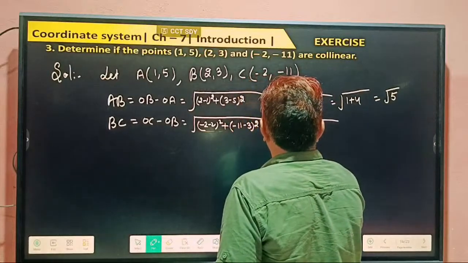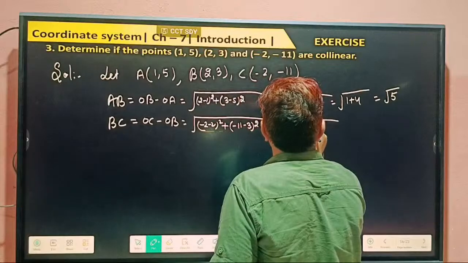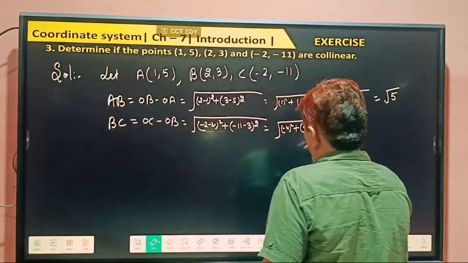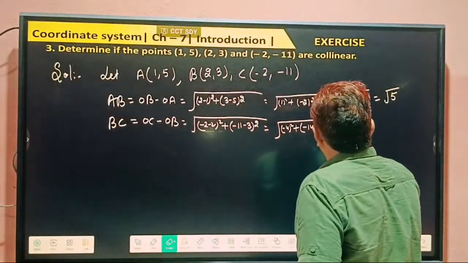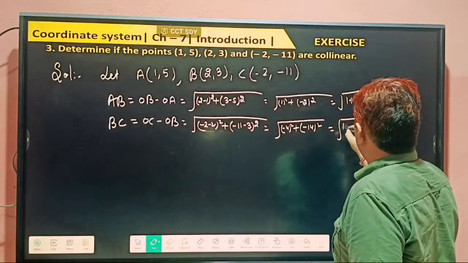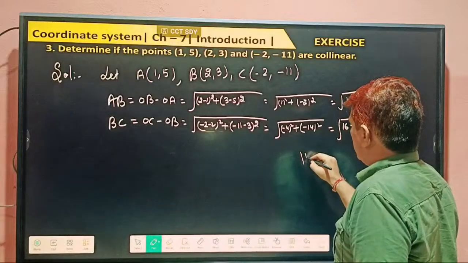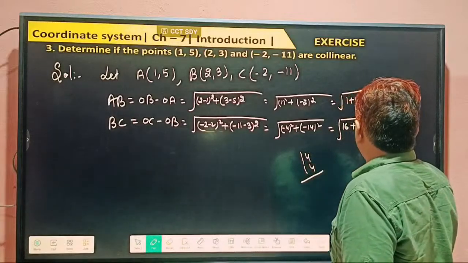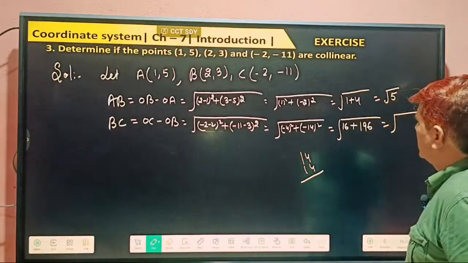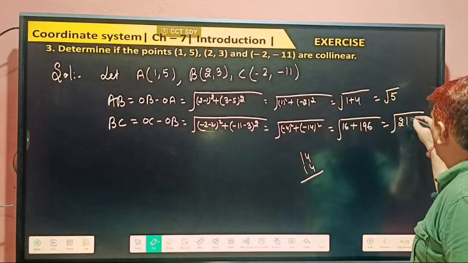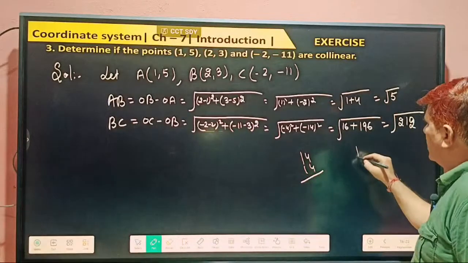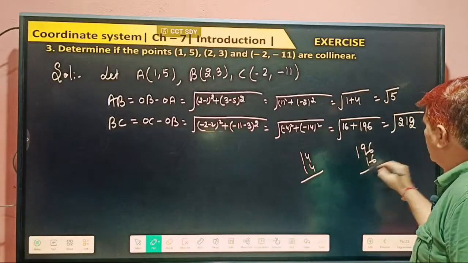Minus 4 whole square plus minus 11 minus 3, minus 14 whole square is equal to how much? 16 plus square of 14, 196, which is equal to how much? If you add, it becomes 212. Sorry, 14 not. 196 plus 16.